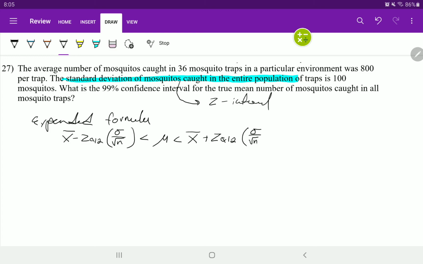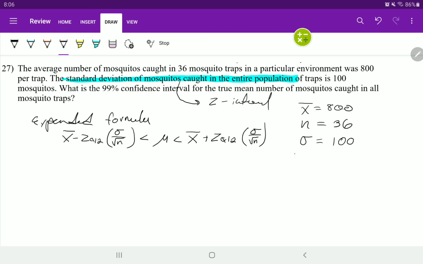Also, just to remind you, we call this right here the margin of error. Our sample mean is going to be 800 mosquitoes per trap. Our sample size is 36 mosquito traps. The population standard deviation is 100.